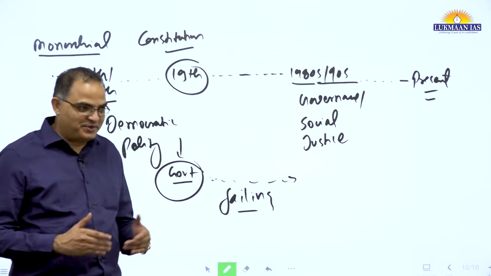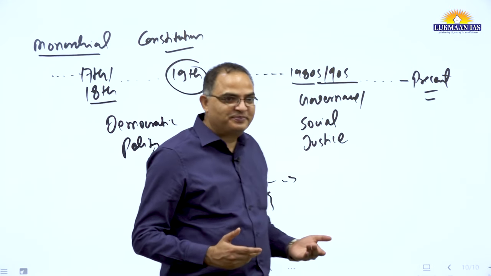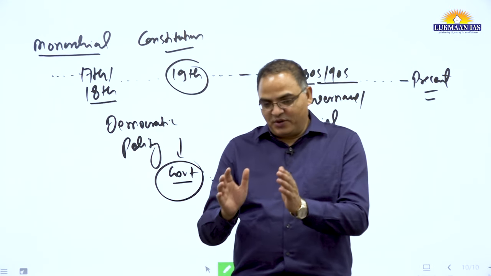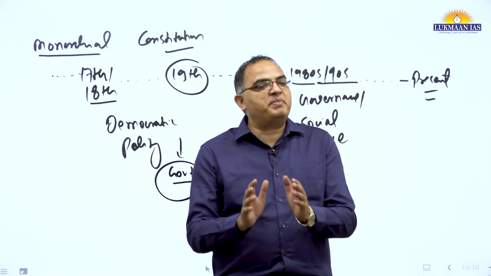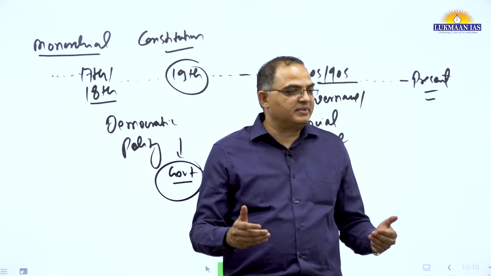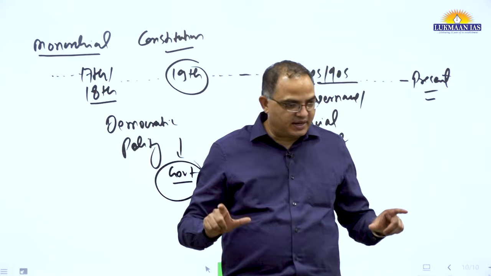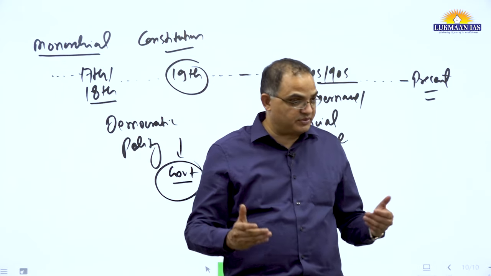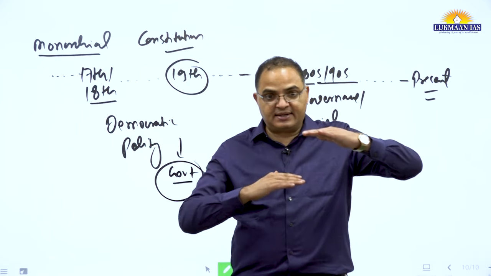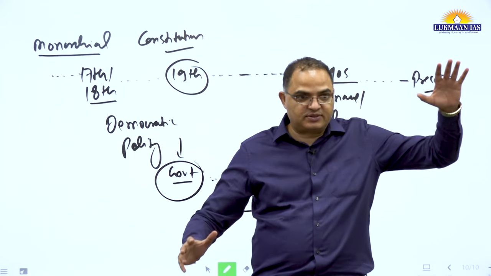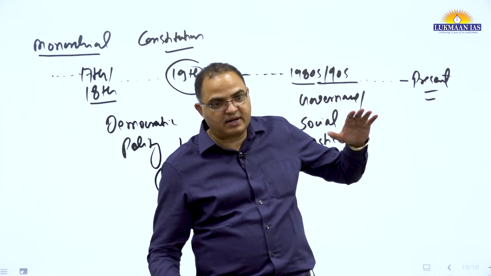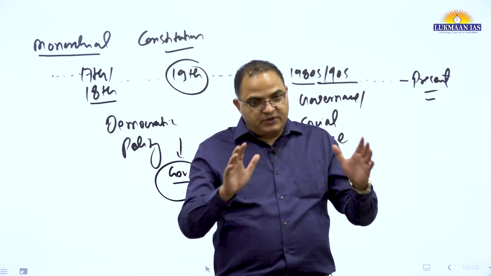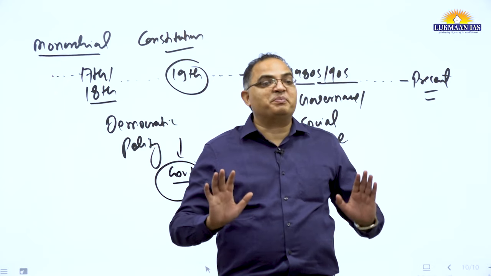Misuse of powers. So basically that is how it has happened, that over a period of time, the democratic polity that we adopted, the idea given by those political philosophers that if there is an elected government, three organs, a written constitution, citizens' fundamental rights, then the state will be able to govern better.